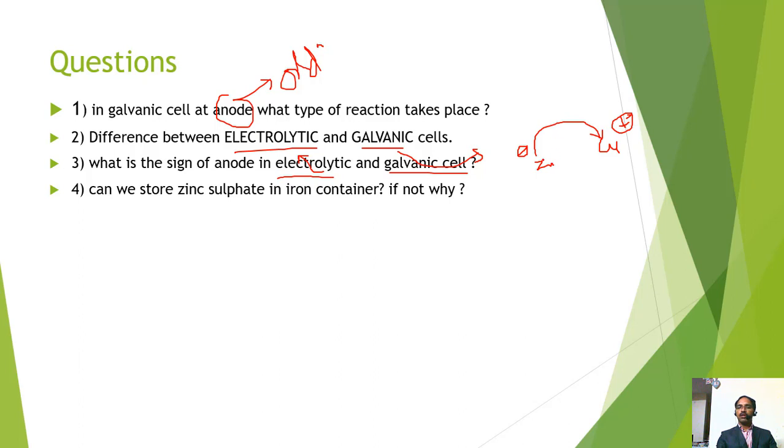In a galvanic cell, zinc is the anode, so the charge is negative. If you understand this concept clearly, then automatically you can answer it. In an electrolytic cell, the anode has positive charge. Galvanic and electrolytic cells have quite opposite charges.